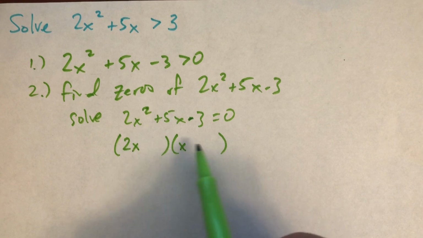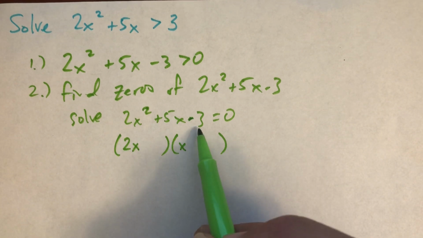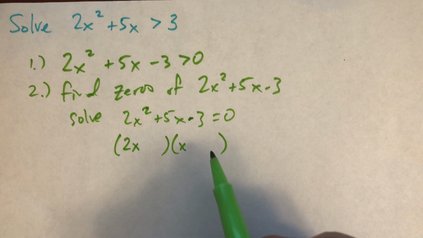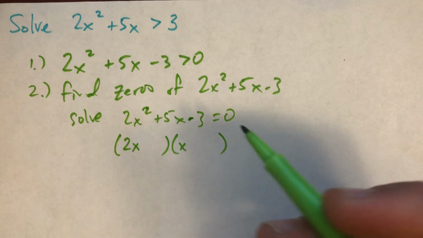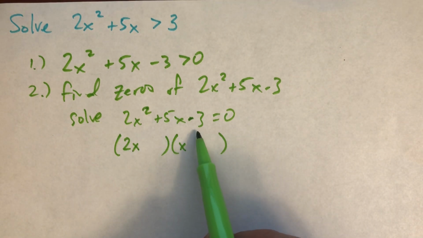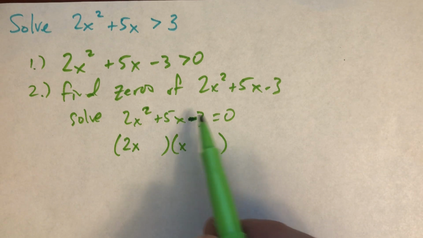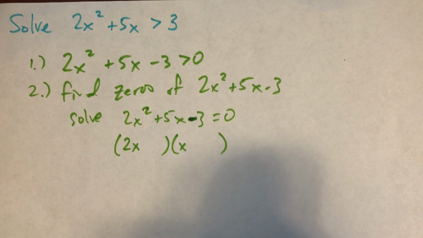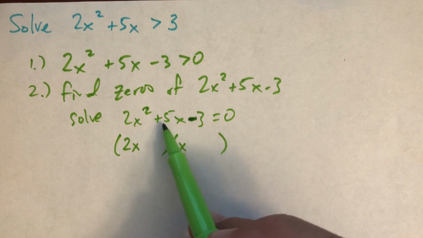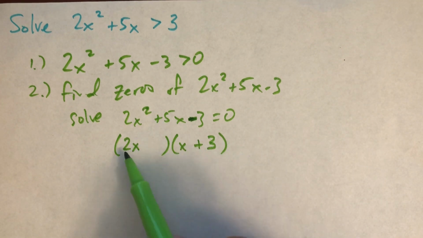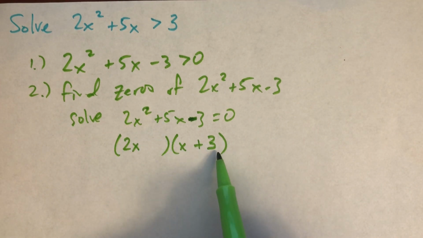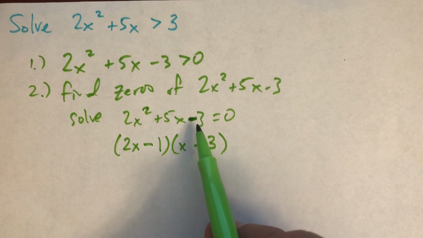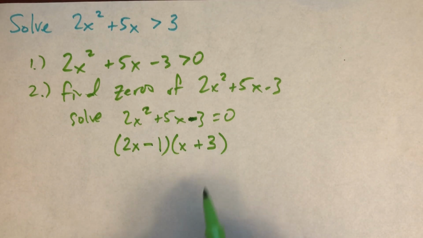Now we have to choose numbers that multiply to be negative 3, so they have opposite signs. The only choices with 3 are 1 and 3, so that takes our choice out of the deal. We want maybe a positive 3 over here, so 2x times 3 is 6x, and then a minus 1 here so that our negative 3 is achieved.